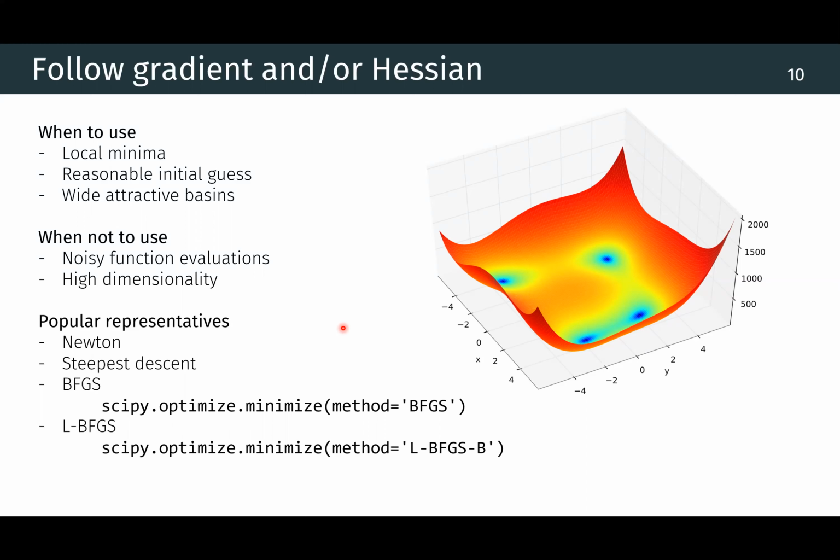And the other problem is high dimensionality. We're going to see that later in a bit more detail, but the main reason why you don't want to do that in higher dimensions, say if your model has 50 parameters you'd like to fit, is because the Hessian contains the second order derivatives, but it contains all pairwise derivatives.